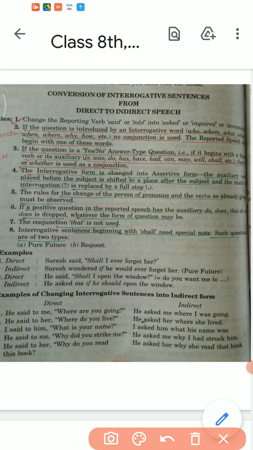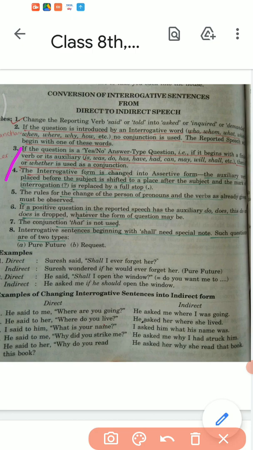In rule number 4, the interrogative form is changed into assertive form. The auxiliary verb placed before the subject is shifted to a place after the subject, and the mark of interrogation is replaced by a full stop. It's a very general rule, dear students.